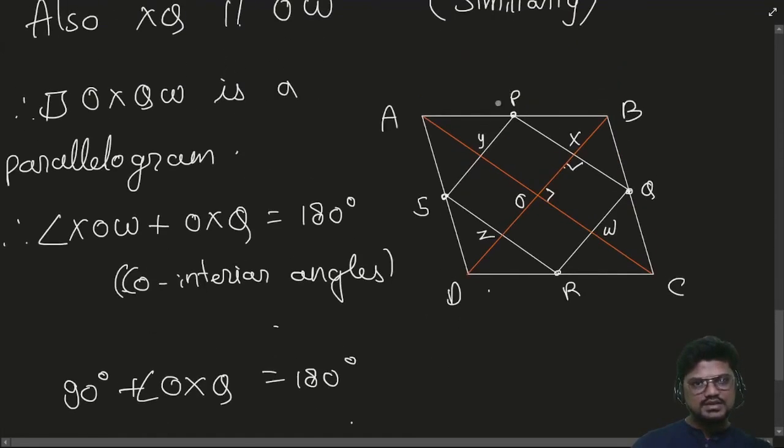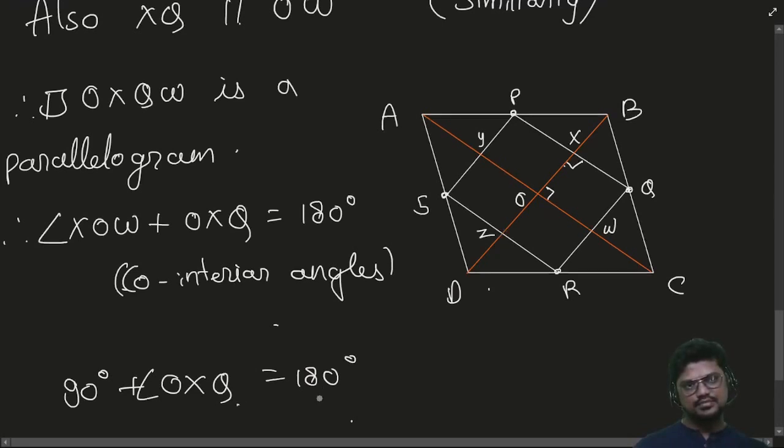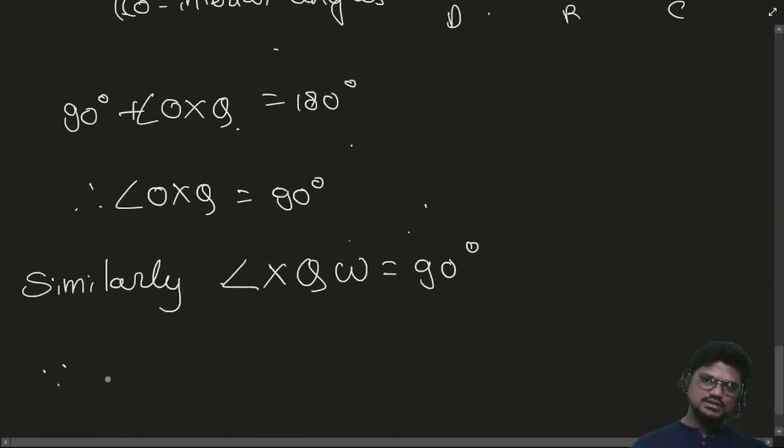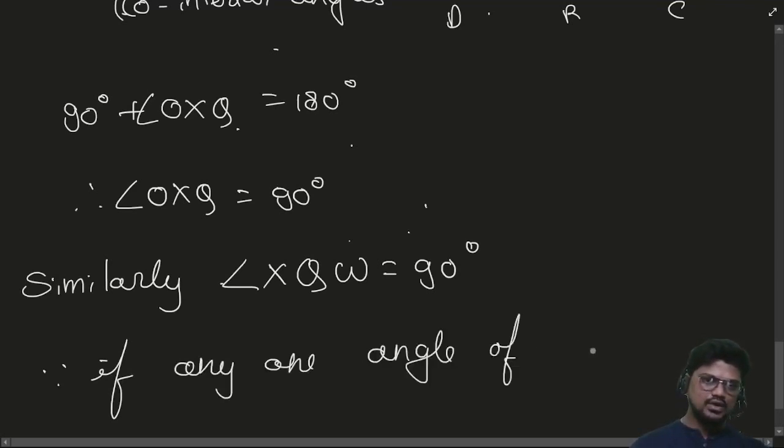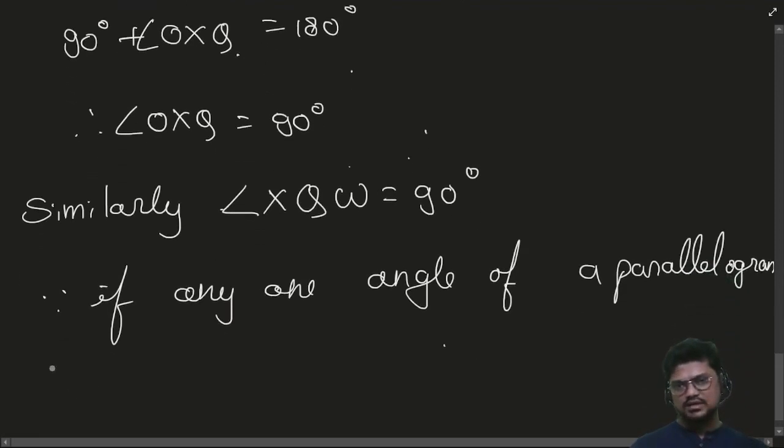Now we know that if any one angle of a parallelogram is 90 degree, then it's a rectangle.